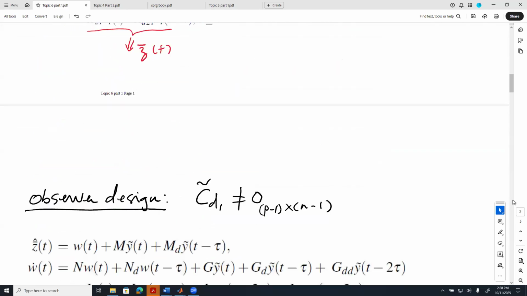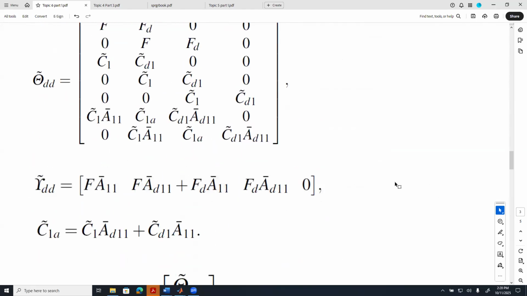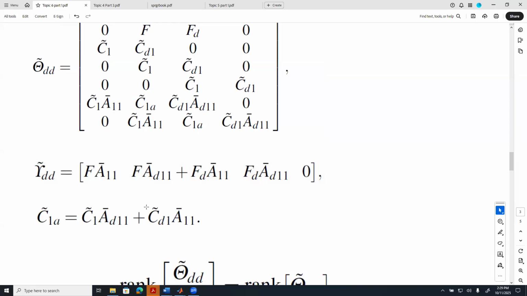We also define another matrix called C tilde 1A, which is the sum of two terms that also involve C tilde D1.